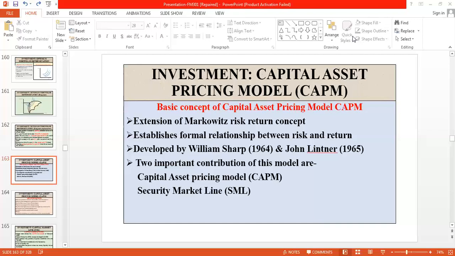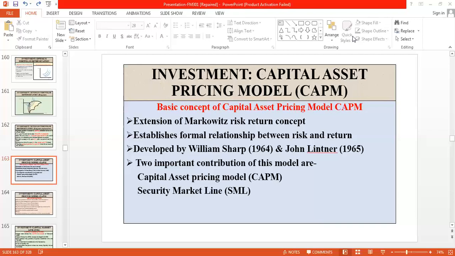So the question is, can we form an optimum portfolio by mixing up equity shares and bonds? The answer to this question we can get by using the capital asset pricing model. In short, it is known as CAPM.